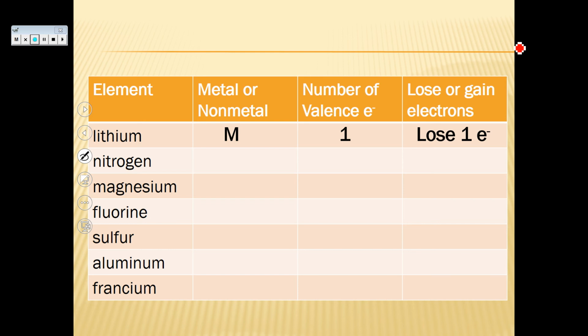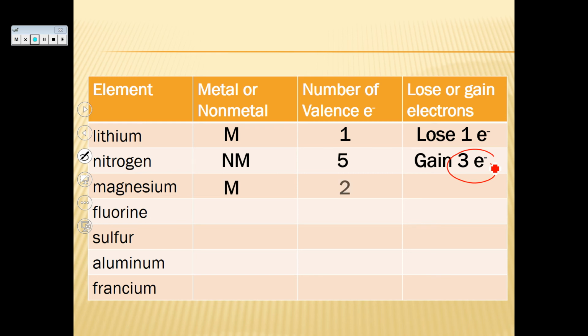Nitrogen, which is a nonmetal in group 5, is it going to gain or lose electrons? Nonmetals gain electrons. How many will it gain to get to 8 electrons? 3. So notice it doesn't gain 5, it gains enough to bring that total up to 8.